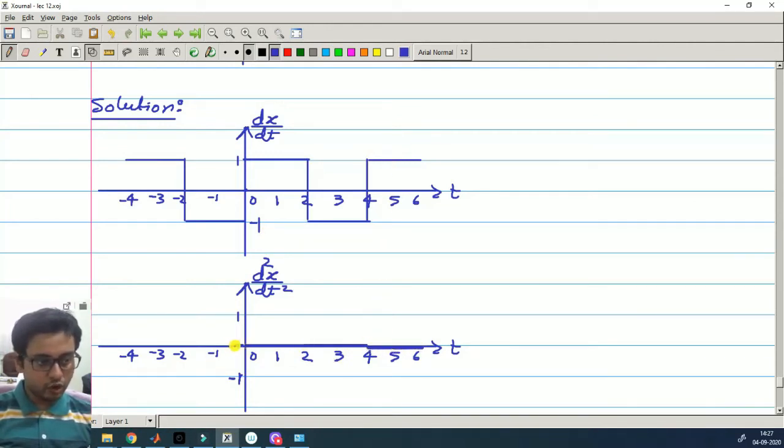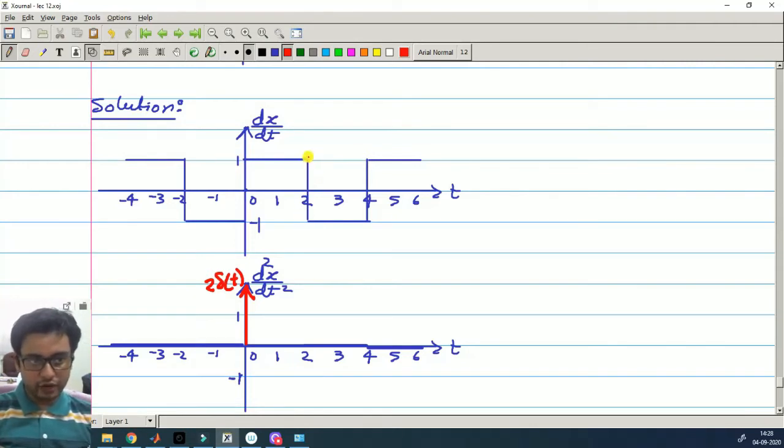It is 0 almost everywhere except at these points of jumps or discontinuities. Now at this point there is a step jump, a positive jump from -1 to +1. So the derivative will be a delta function like this. Call it 2 delta(t), 2 because the amount of jump is 2.